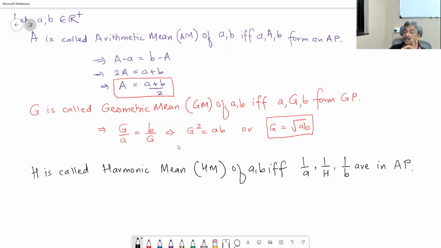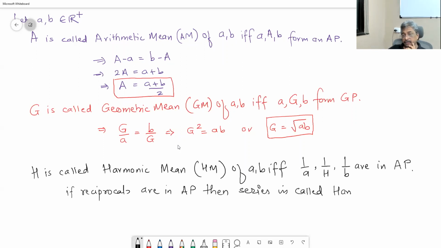Reciprocals are in AP. The series is called harmonic mean progression. Okay, harmonic mean. So if reciprocals are in AP, then the series is called harmonic series or harmonic progression.